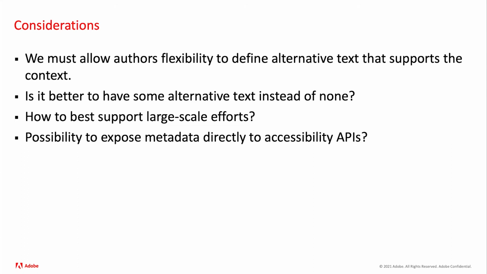And then there's also discussion that's going on today in the W3C's working groups about how to expose metadata directly to the accessibility APIs, whether this can avoid the need to author alternative text into the HTML, and then if that's the case, what sort of hierarchy there would need to be in order to determine which value is regarded first in a prioritization order.